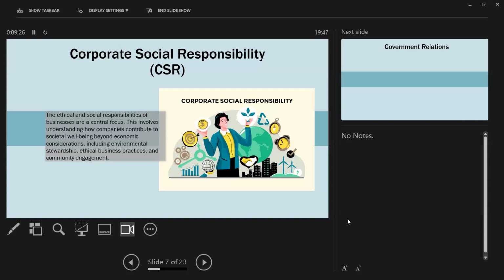So the company itself must have ethical responsibilities and social responsibilities, and that must be the central focus of the business. So this now involves understanding how companies contribute to societal well-being beyond economic consideration, including environmental stewardship.